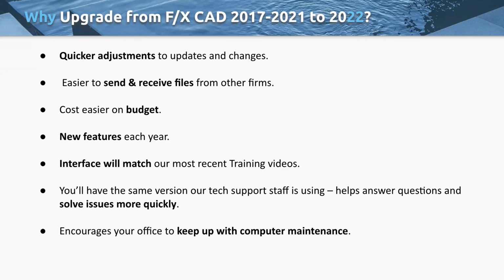So by keeping current all the way along, it's a lot easier for somebody to adjust to the latest version. There's only a few new things to learn, as opposed to 20 new things to learn, and everything's different and it's all at once and it's overwhelming.